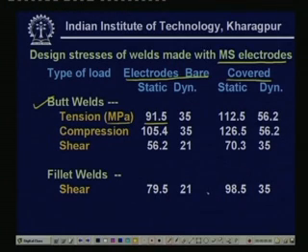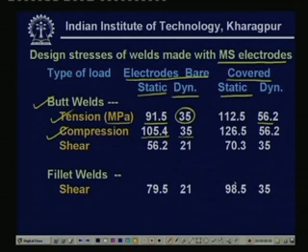If it is designed not to break, the endurance limit must be sufficiently low compared to static loading. In tension we have 91.5, but in dynamic loading it is 35. If it is covered, then for static loading it is 112.5, and for dynamic loading it is 56.2. For compression it is naturally larger compared to tension: 105.4, and for dynamic compression it is again 35, a similar value.